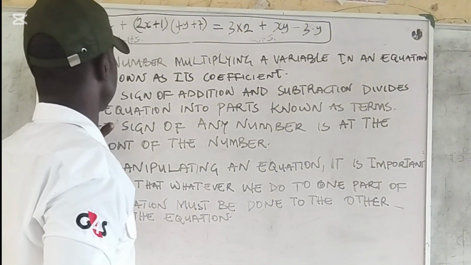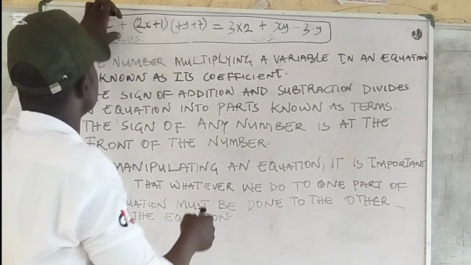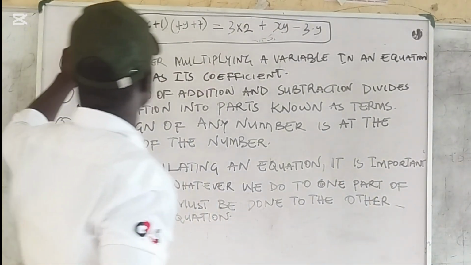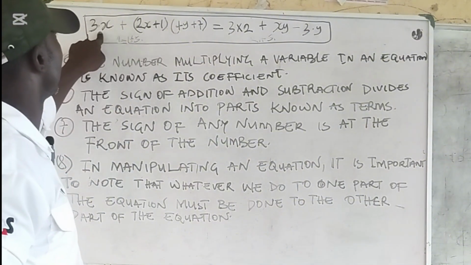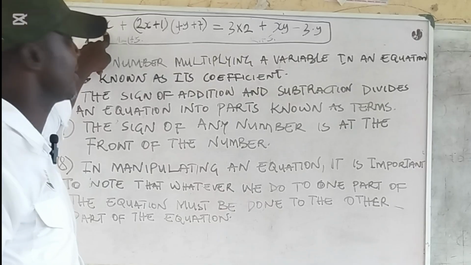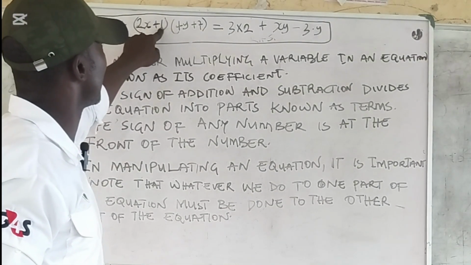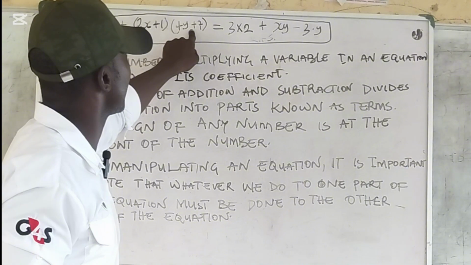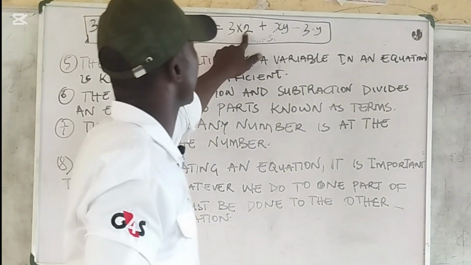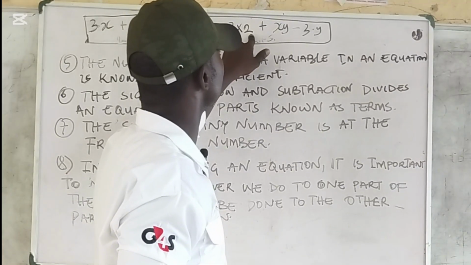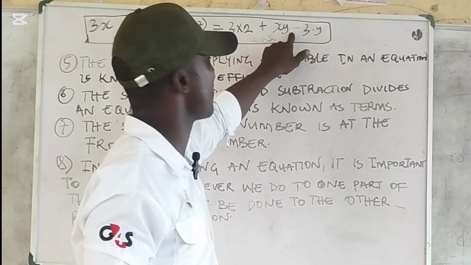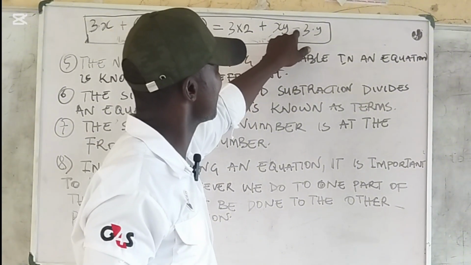What number 6 means is, take for instance this plus here, and this plus here. Divide this equation into terms. So 3x is a term, okay? 2x plus 1 into brackets 4y plus 7 is also another term. Coming down here, 3 times 2 is a term because plus divides it from x times y. Minus is also another.